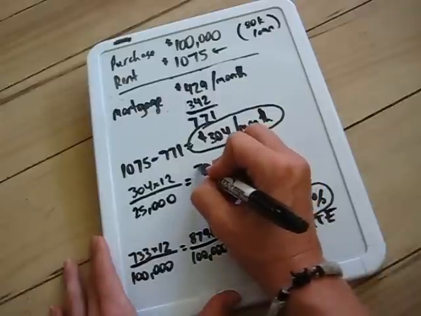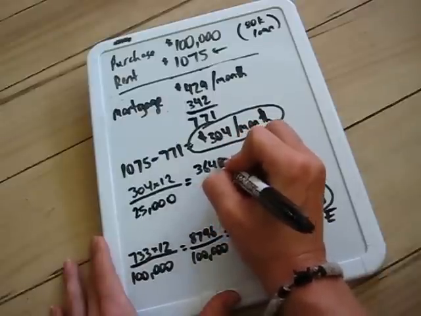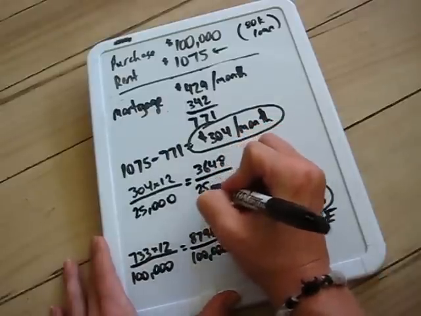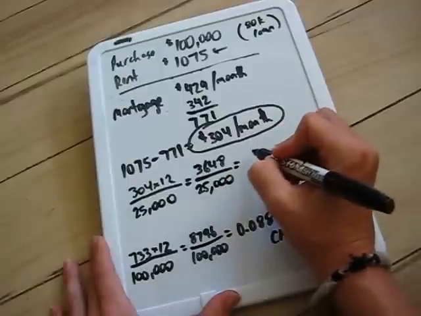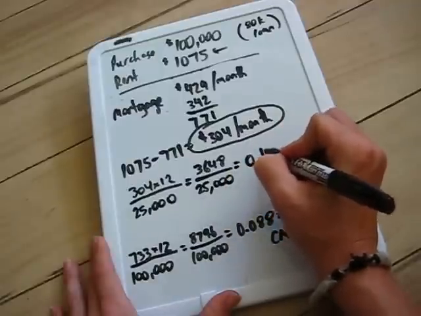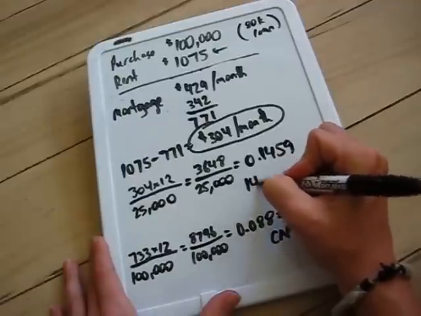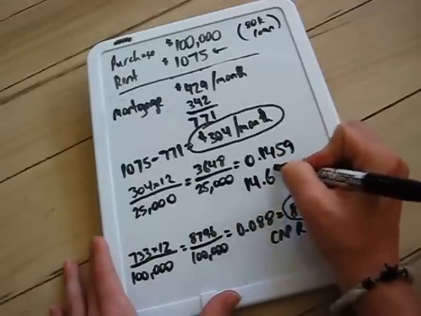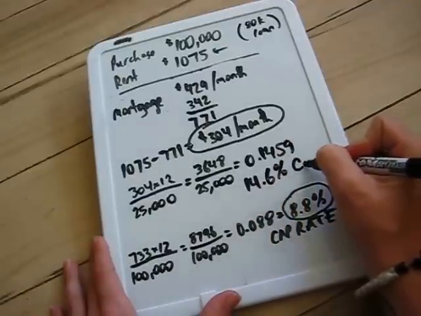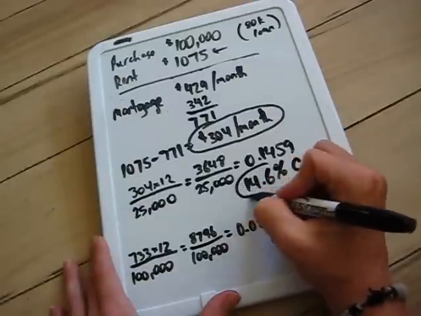So that's going to give you 3,648 divided by 25,000 equals 0.1459. Change that to a percentage and you are looking at a 14.6 cash on cash return.